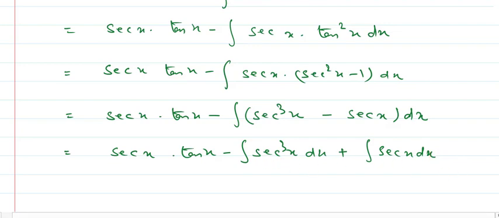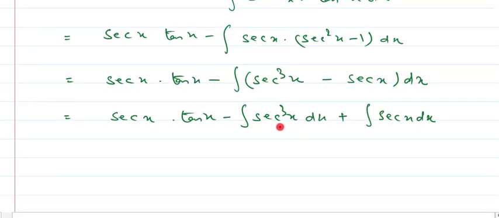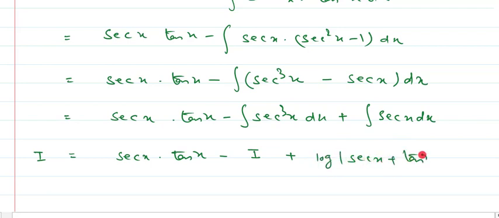Now what is secant cube x? It is nothing but simply I, from where we have started. So let us write I is equal to secant x into tan x minus I plus integration of secant x. You know very well it is log sec x plus tan x plus c.